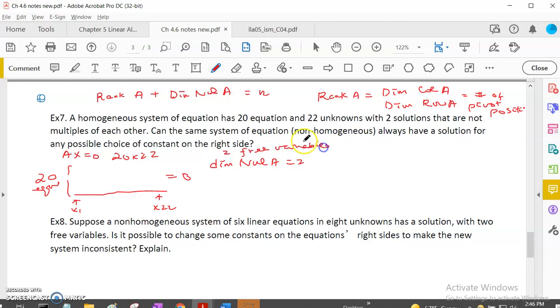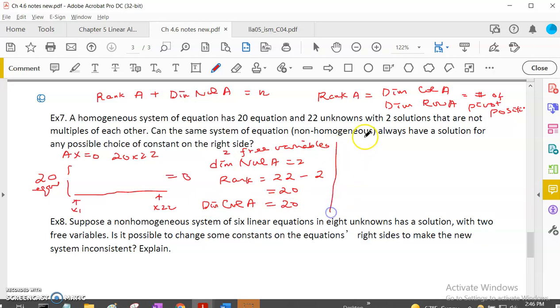Whenever you're solving any equation AX equal to B or AX equal to 0, free variables in the coefficient matrix mean that your null A has dimension 2. So what would the rank equal? Using the rank theorem, it is equal to 22 minus 2, which is 20. That means the dimension of column A is equal to 20.